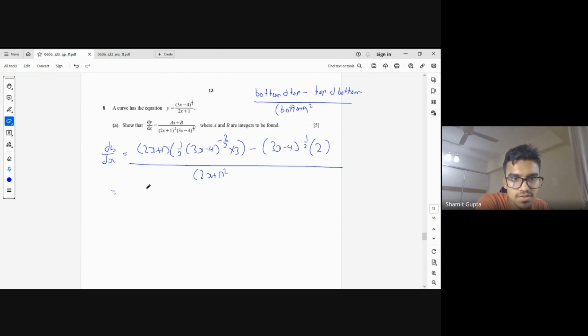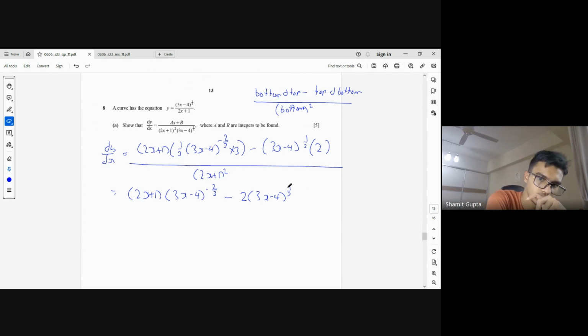This actually becomes 2x plus 1, and the 1 over 3 and 3 cancel. This becomes 3x minus 4 to the power negative 2 over 3, minus 2 times 3x minus 4 to the power 1 over 3, over 2x plus 1 square.